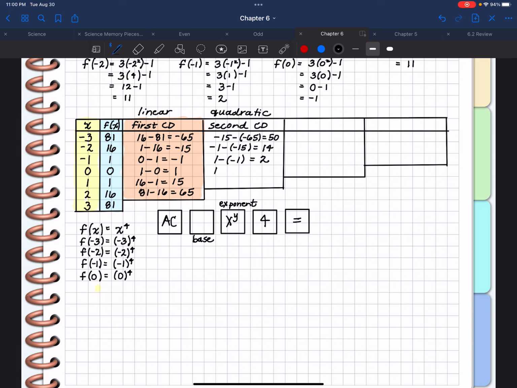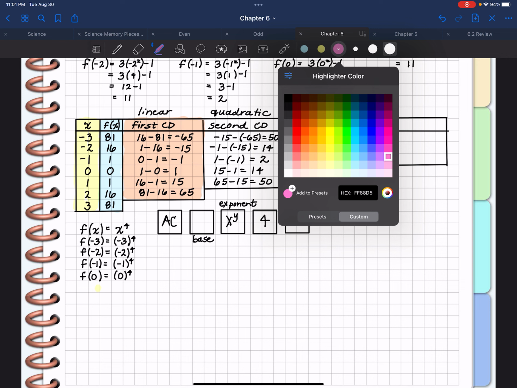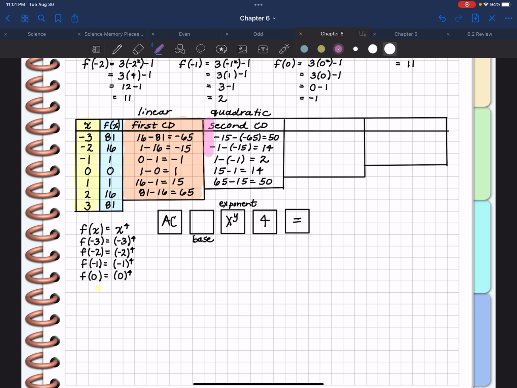Then I would have 15 minus 1 is 14. And then 65 minus 15 is 50. So the second consecutive differences are not common. That means this is not a quadratic equation. But we knew that. If it were quadratic, it would be second degree.